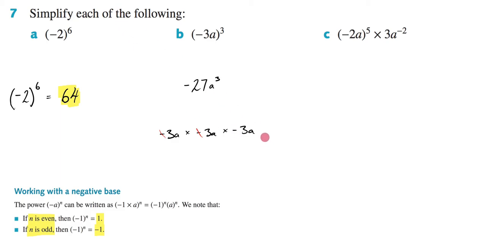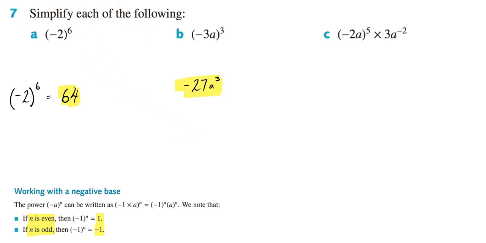If, however, I was to add another one, negative 3a, so now this would be negative 3a raised to the 4. So now notice that I have an even power. In this case, these negatives would go away, and my entire answer would be positive. So that's why there's that difference between having an odd power and an even power, and something you need to take into consideration.